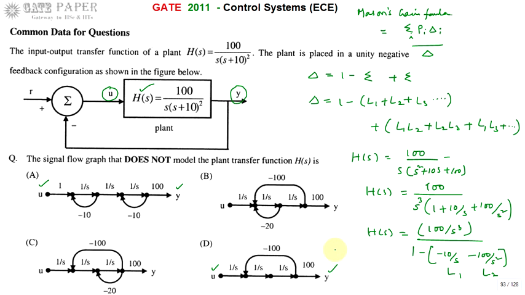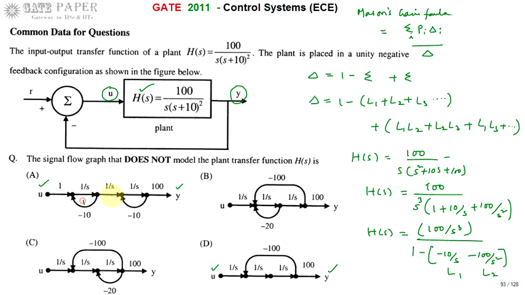Whichever signal flow graph has two loops will model the given transfer function H(s). Whichever has more than two loops or less than two loops will not model H(s).